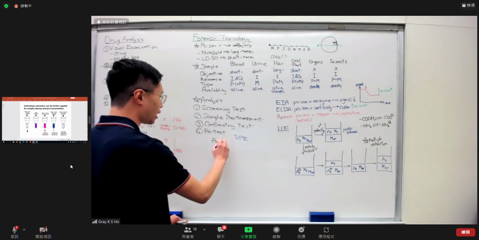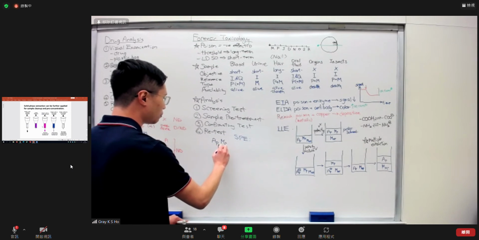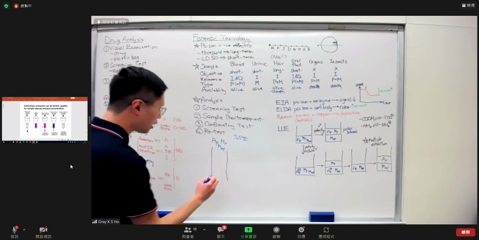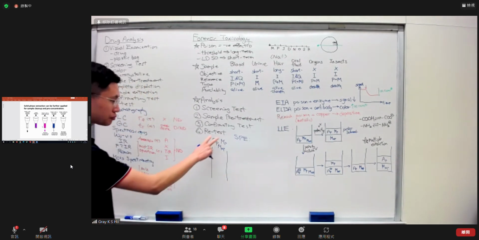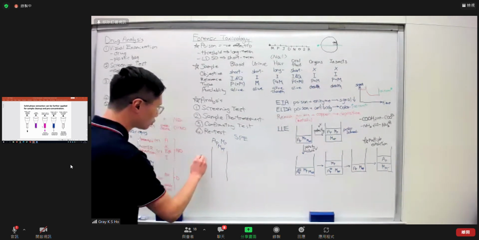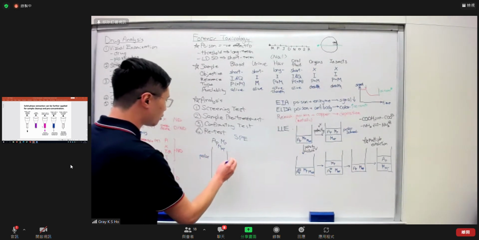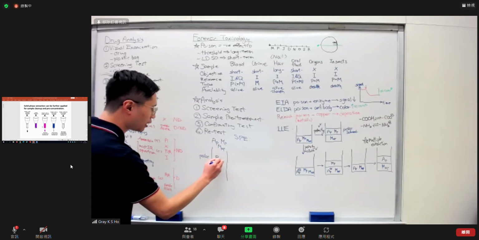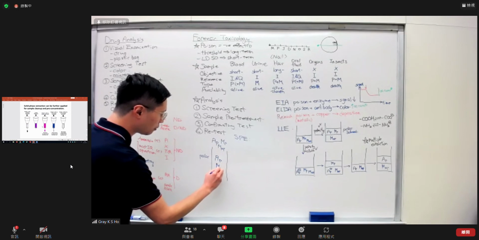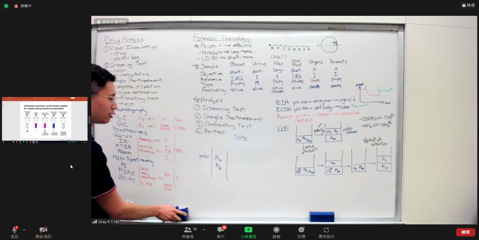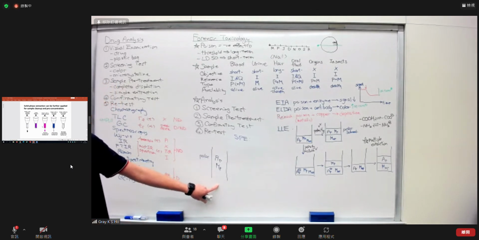At the same time, we have matrix that is polar and also matrix that is non-polar. Now this is getting into the solid phase cartridge. Let's say the cartridge is polar in nature. After we load in our sample solution, the polar analyte and the polar matrix will be retained. The non-polar matrix will just get away.